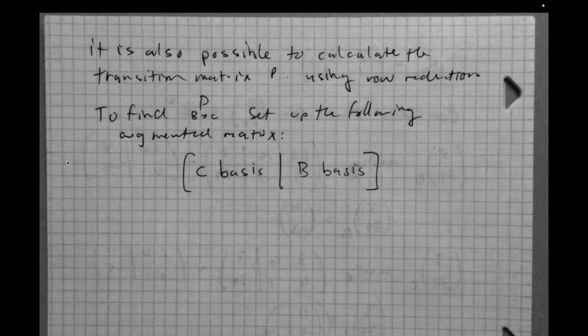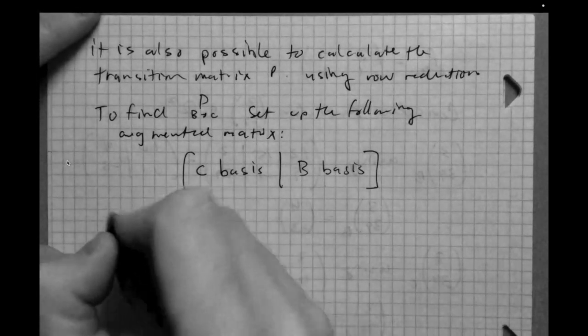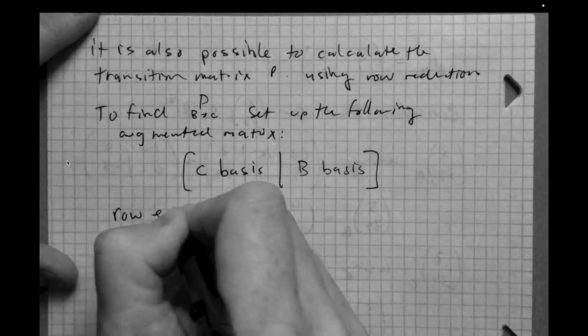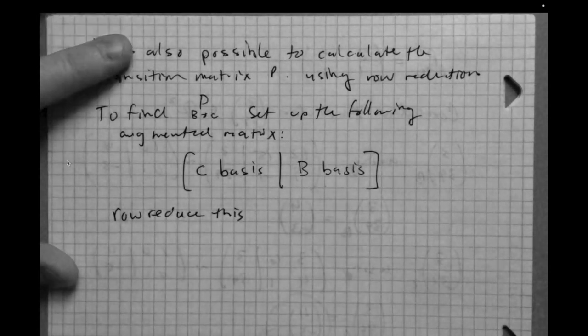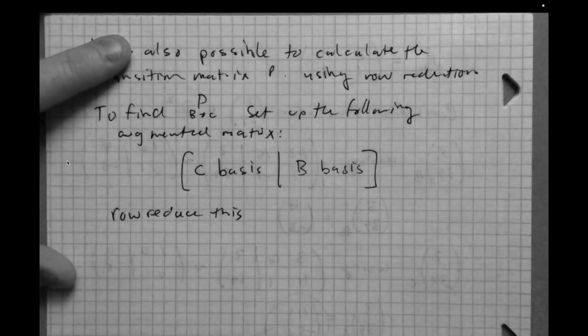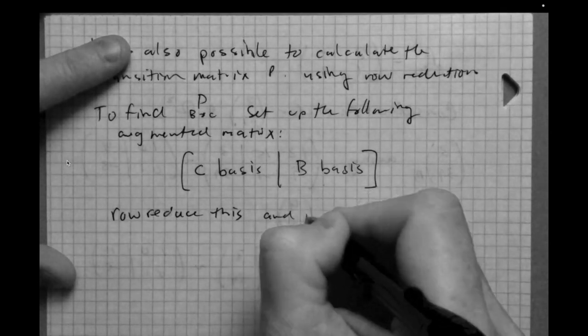And then we want to row reduce this augmented matrix and remove the 0 rows from the bottom.